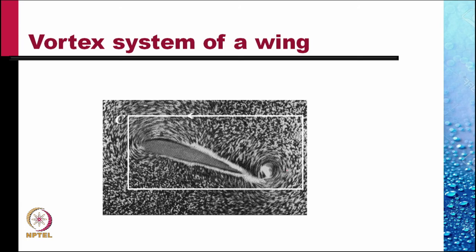I replaced that aerofoil by a picture, a photograph that was originally produced by Prandtl himself in his laboratory. And in this photograph, you see a vortex out here. So there is vorticity now that is induced there.